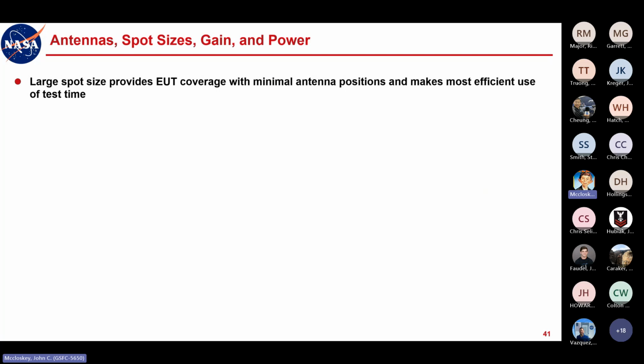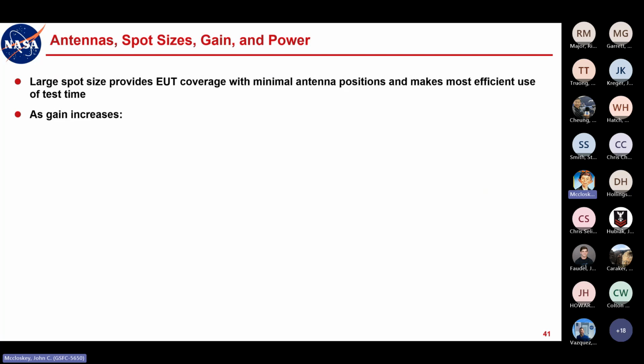Basically summarizing all the concepts I just went over, a large spot size provides UT coverage with minimal antenna positions and makes most efficient use of test time. That's great. That's your ideal. If you've got a spot size on the order of 50 or 60 degrees, and you're just testing a box, you probably do that in one antenna position, and that's great.